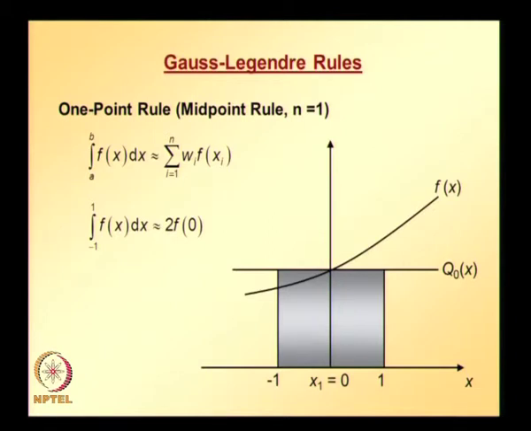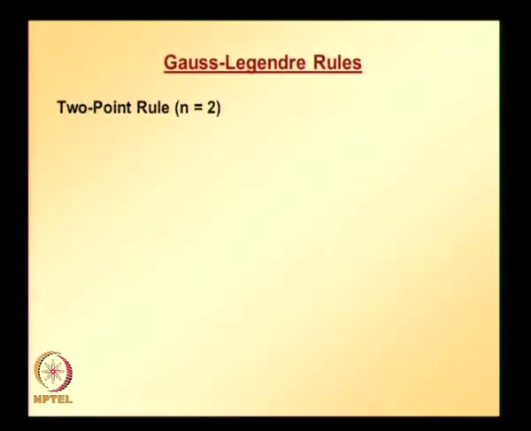Now let us look at how this 2 is obtained, how 0 is obtained for the location, and how 2 is obtained for the weight. We will understand it better when we look at the 3 point rule. Now let us look at the 2 point rule, that is n is equal to 2.